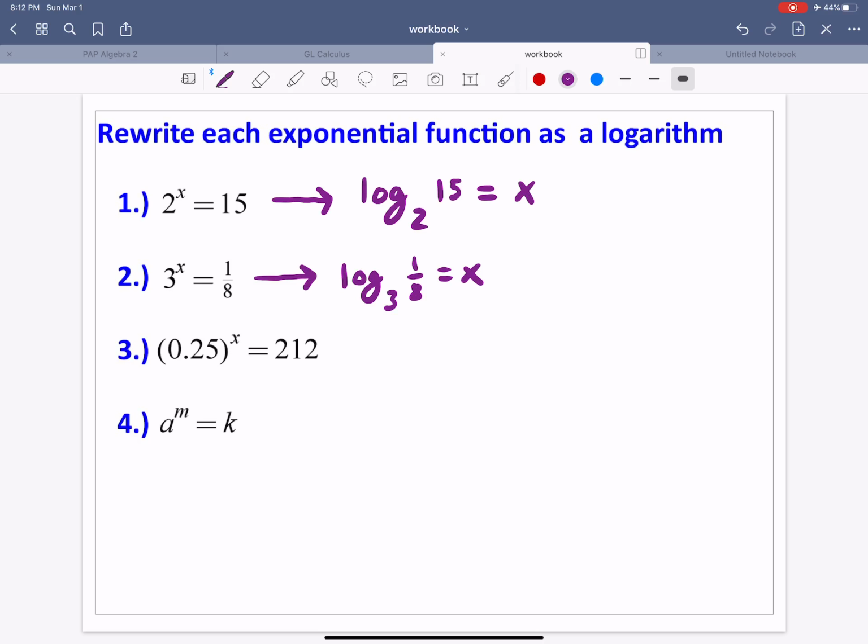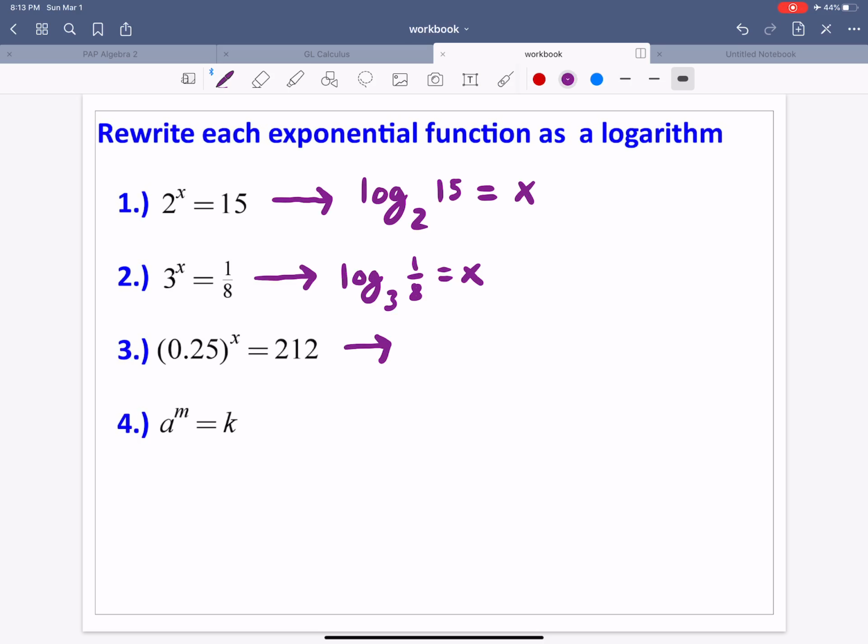In the quietness of your own home, nobody's going to judge you, but I want you to practice saying this so you aren't embarrassed when you have to say it in class. Again, the way we say this equation is log base 3 of 1/8 equals x. Say it with me this time. Log base 3 of 1/8 equals x. There you go. I hope you actually did that, and trust me, it's not weird.